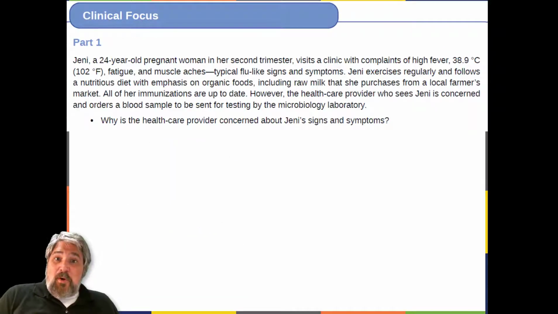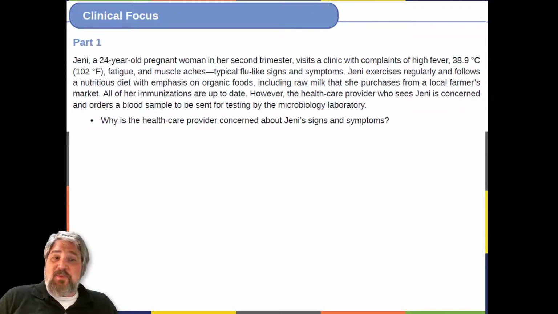Clinical focus, Part 1. Jenny, a 24-year-old pregnant woman in her second trimester, visits a clinic with complaints of high fever, 38.9 degrees Celsius, which is 102 degrees Fahrenheit, fatigue, and muscle aches, typical flu-like signs and symptoms.